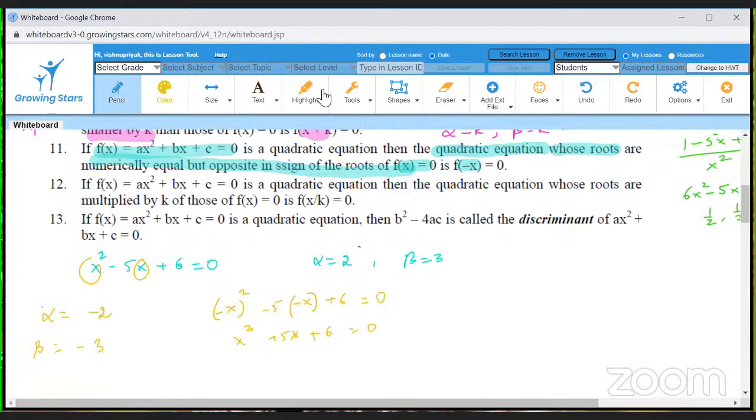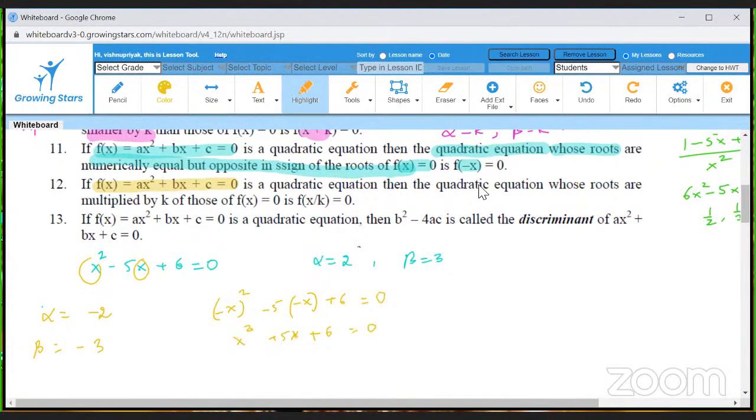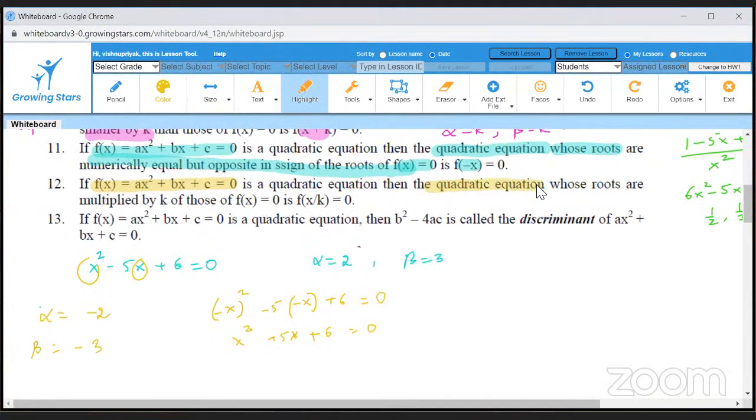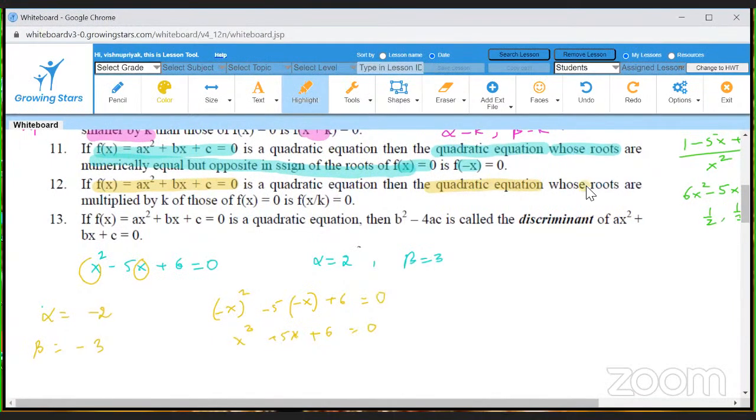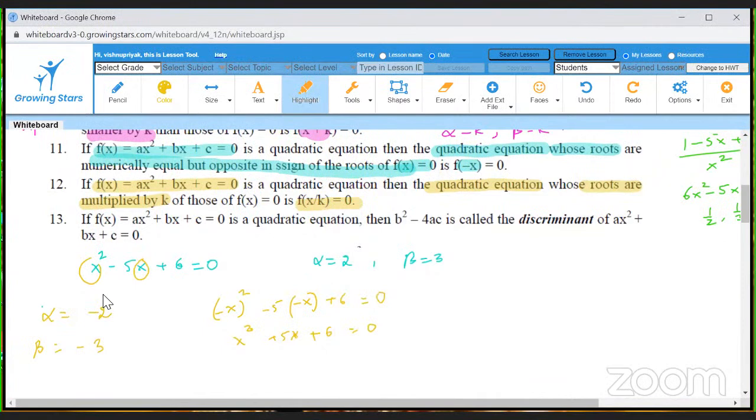Next. If ax square plus bx plus c equal to 0 is a quadratic equation, you have to form a new quadratic equation whose roots are multiplied by k. Then you will get the new quadratic equation by substituting x by x by k.